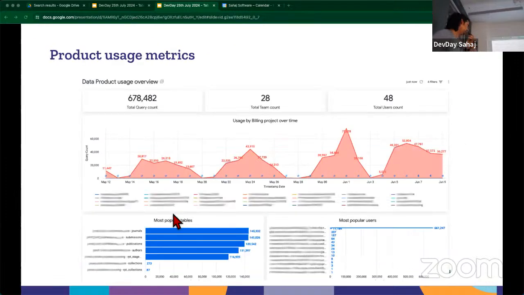The other thing to think about with monitoring is understanding how your users are using the data products that you've provided. This is a dashboard that we created, which monitors our tables, which are the data products you can see here.